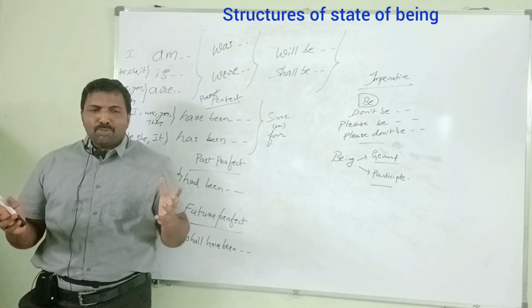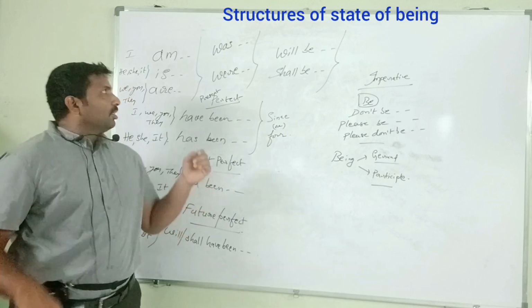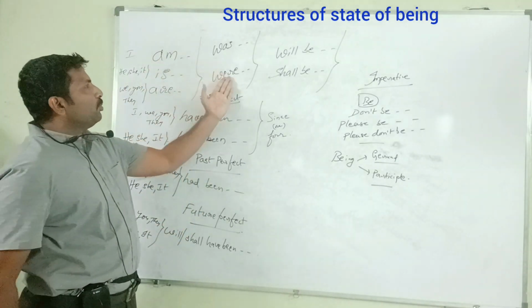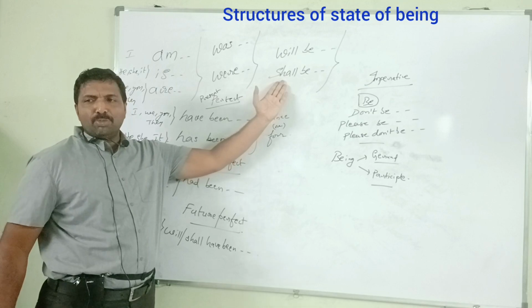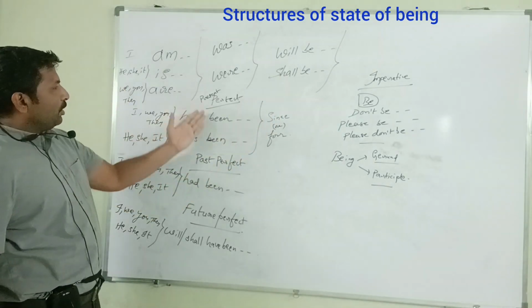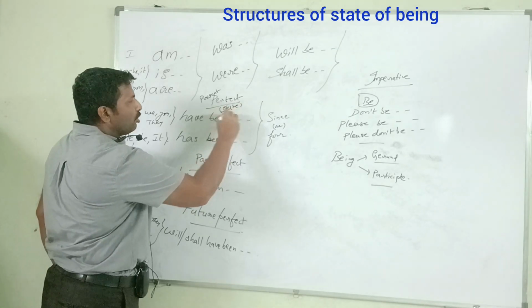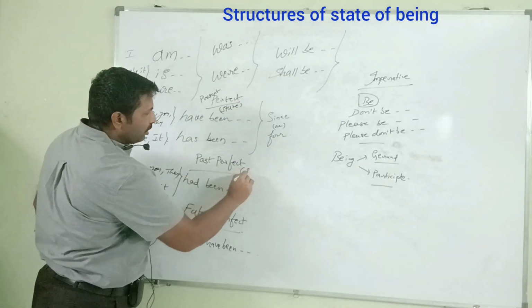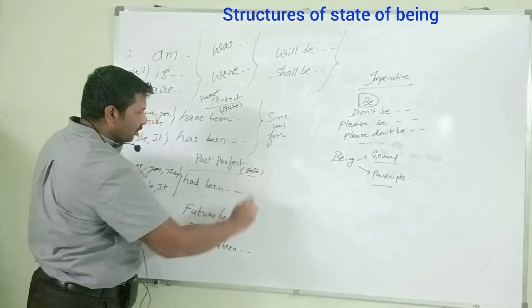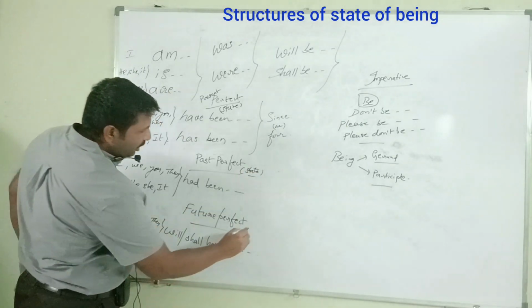Why to use the state of being sentences, these structures? Say simple present state of being, simple past state of being, simple future state of being. Again, present perfect state of being, past perfect state of being, again, future perfect state of being.